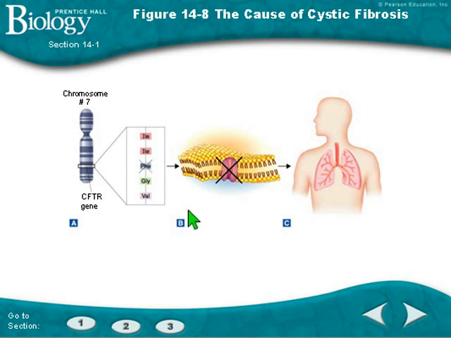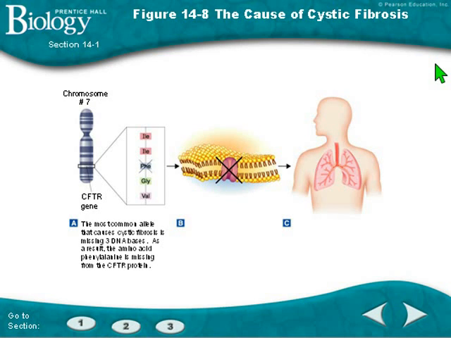Now, this is cystic fibrosis, and the interesting part about cystic fibrosis is that it's one very, very small little change. There's a deletion of 3 DNA bases, and as a result, they don't make the amino acid phenylalanine for the CFTR protein.